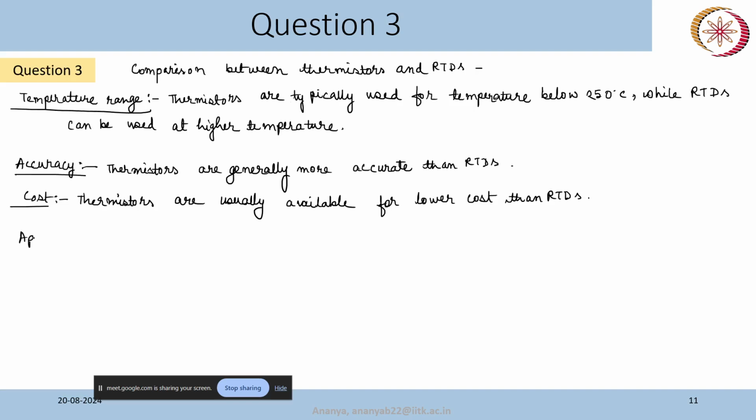And application wise, as I mentioned earlier, application of a sensor depends on the properties of the sensor. So as I mentioned here, the RTDs can be used for higher temperature, so those are used in industrial applications where high temperature processes are involved. Say we want to measure temperature as high as 1000 degrees Celsius, 600 degrees Celsius, 700 degrees Celsius. In that case, RTDs are used. And in case of say home appliances in household environment, we can typically use thermistors because the temperature does not reach that high.